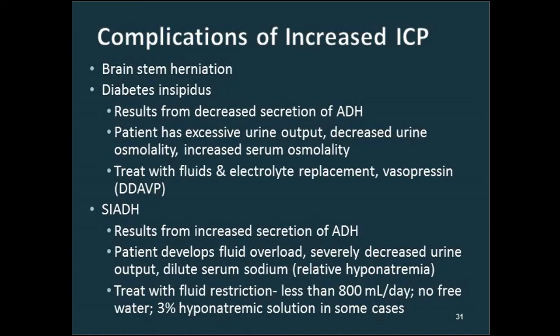Excessive urine output, electrolytes get all messed up. So decreased urine osmolality, increased serum osmolality. Go back and brush up on what all that means. Increase in serum osmolality basically means they're hemoconcentrated.